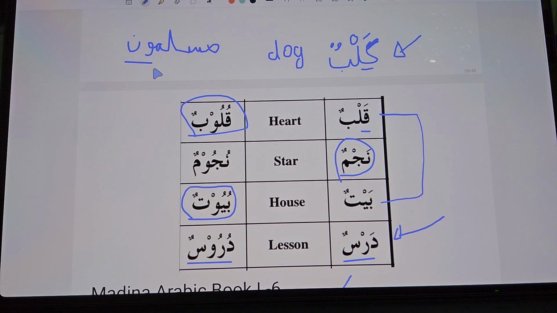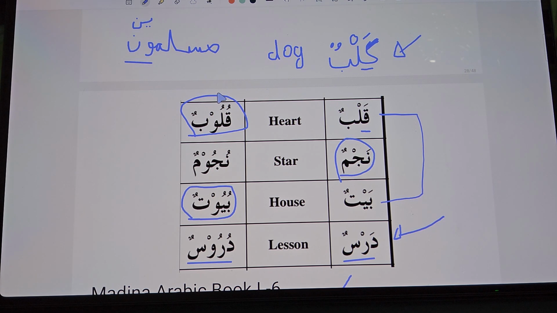And what is another case? Sometimes it can be other than waw and noon, for example ya and noon. Yes, ya and noon, correct. Then this is called jam muzakkar salim.